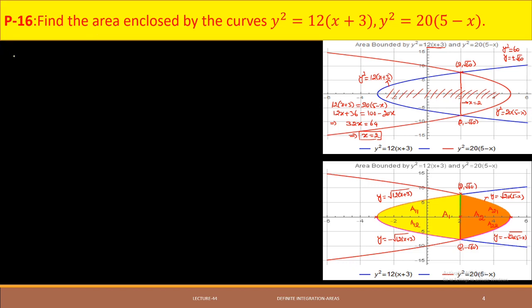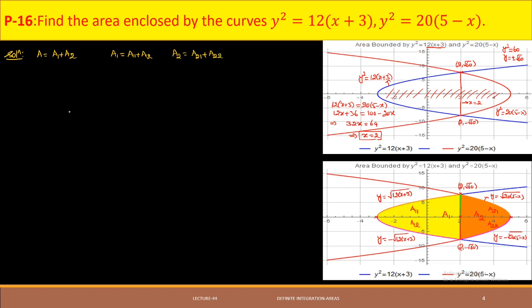So let me write the solution. Here is the solution. The entire area A is divided into two parts, namely a1 plus a2, and further a1 is divided into a11 plus a12, and this a2 is divided into two parts, namely a21 plus a22.